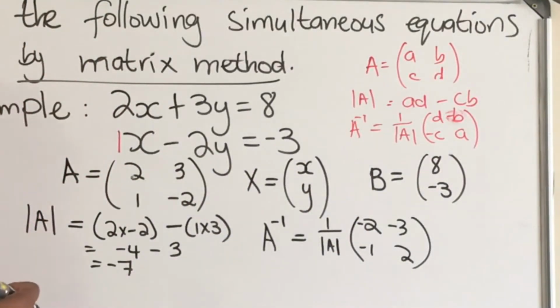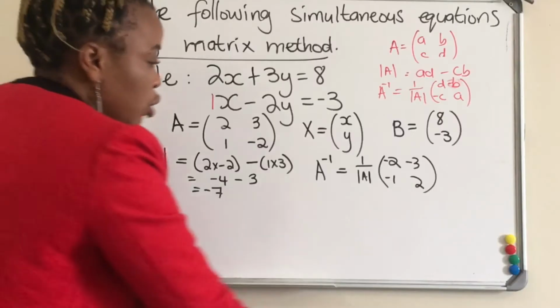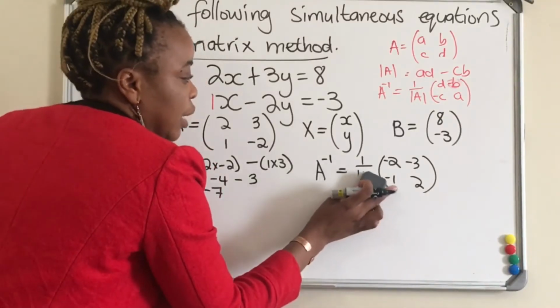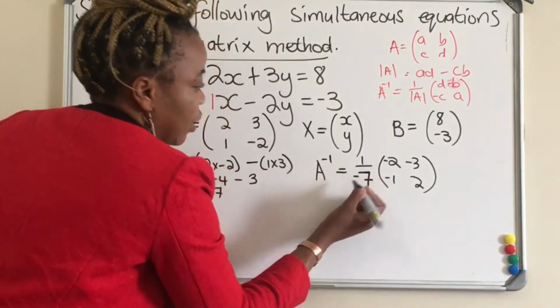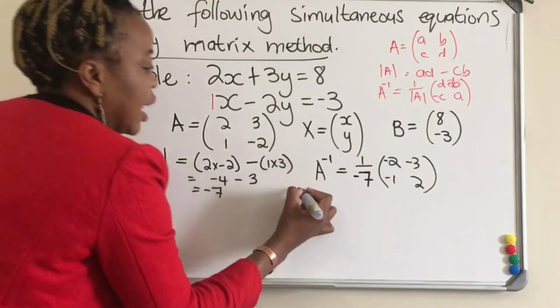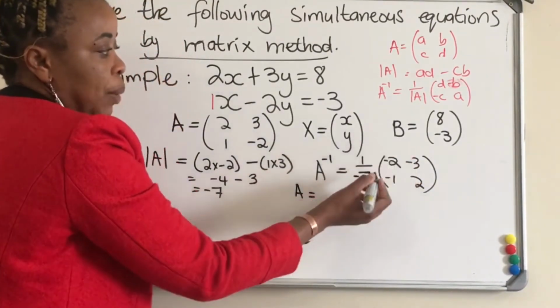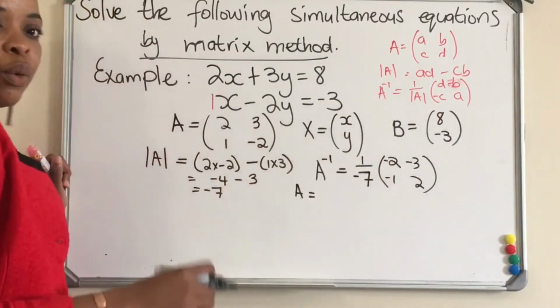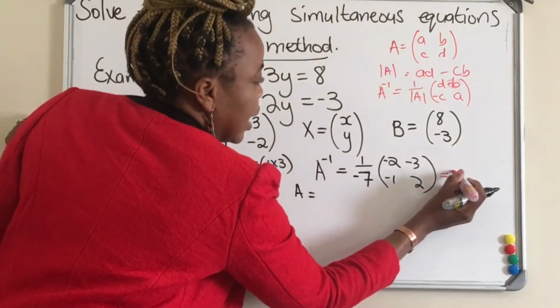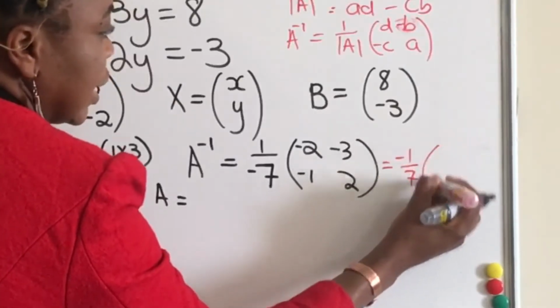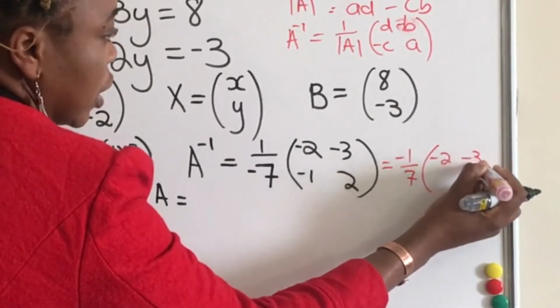That's how we find the inverse of a matrix. Now we have that, so we are going to replace the determinant, because now we know what it is. The determinant is -7. So A inverse is equal to -1 over 7 times this matrix.